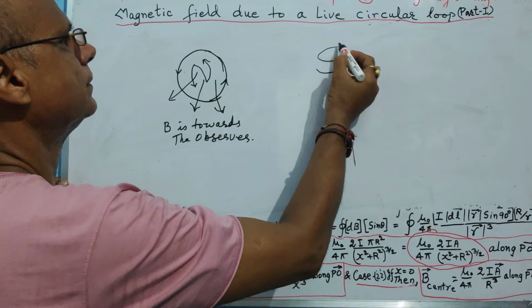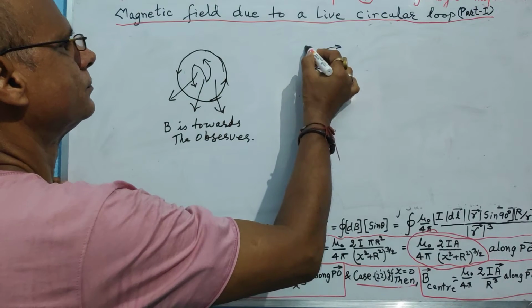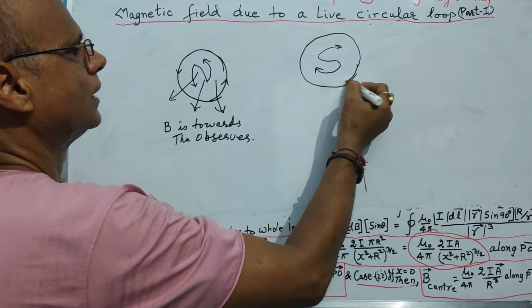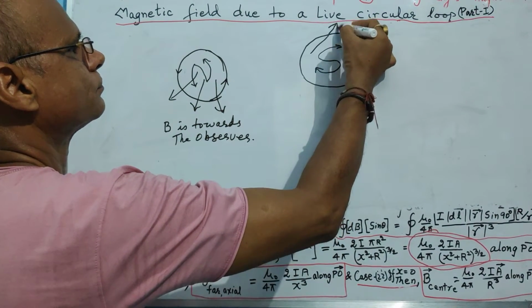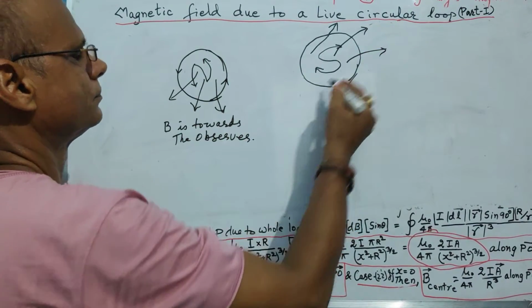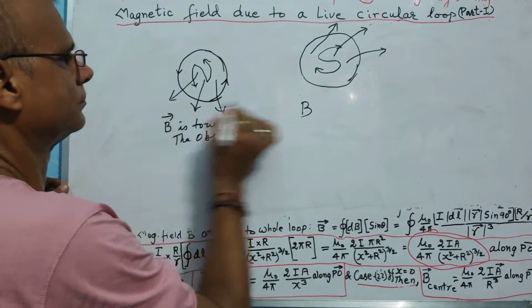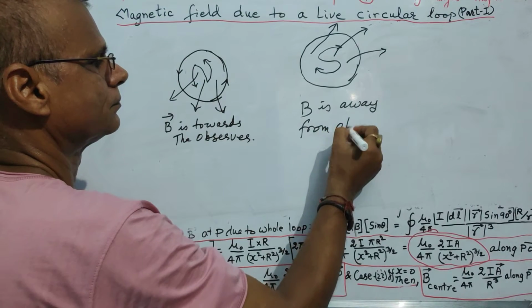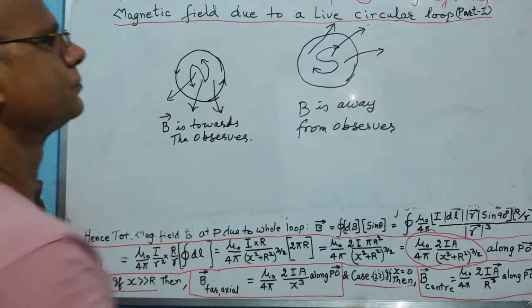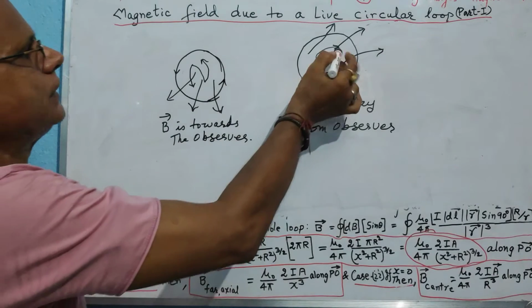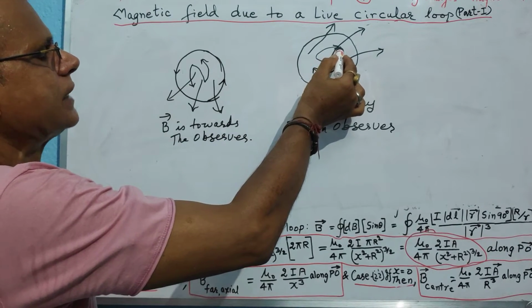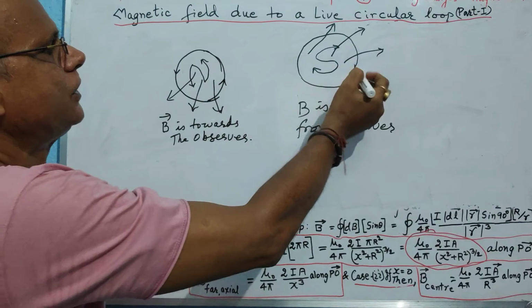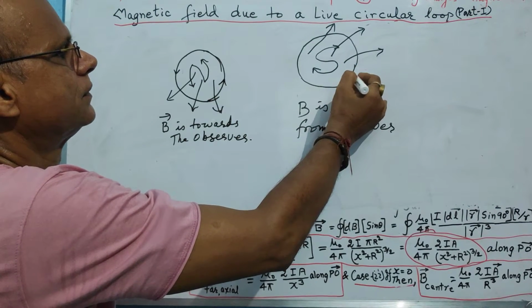And if the current is clockwise, then the direction of magnetic field will be away from the observer. Here again I have attached arrows to the ends of the alphabet, and that is matching with the direction of clockwise current in the loop.